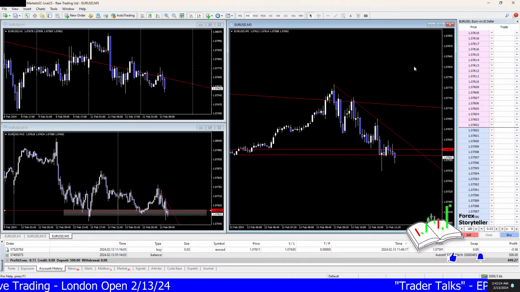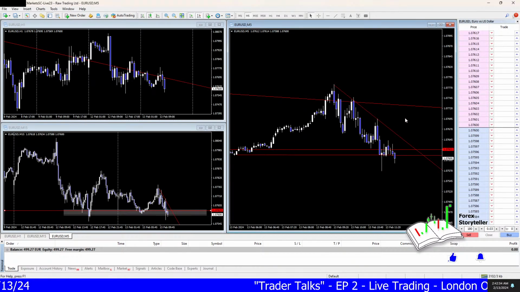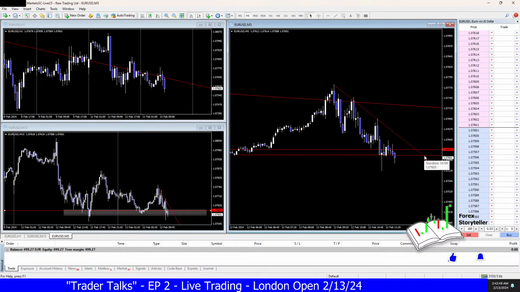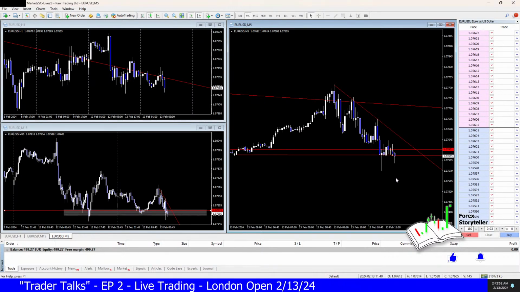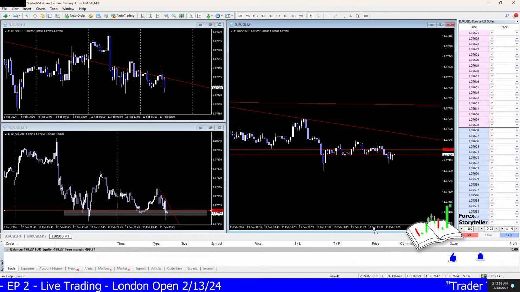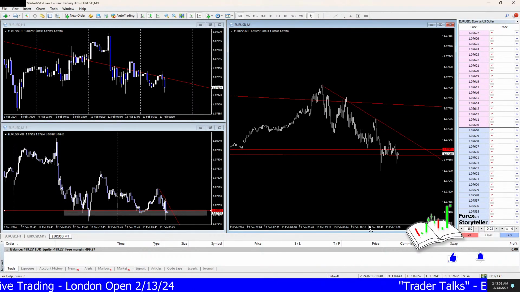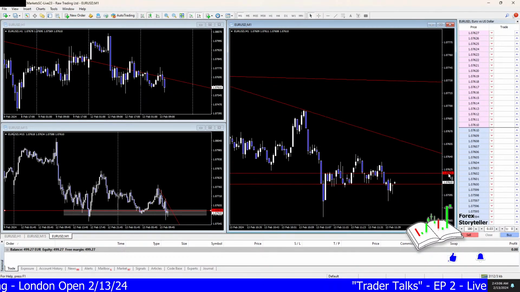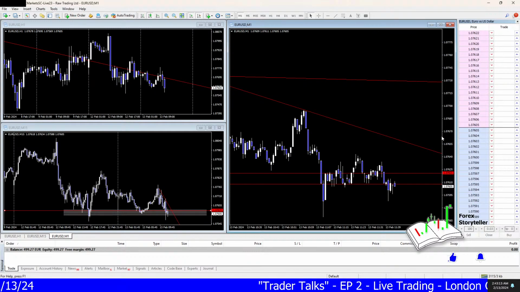A lot of selling still right here in this little zone. Take a short.